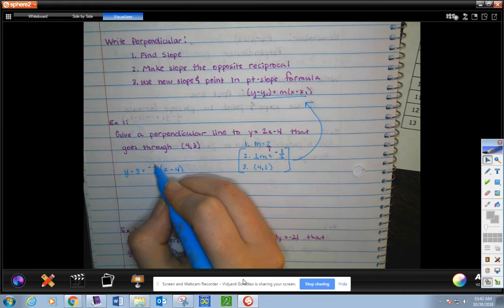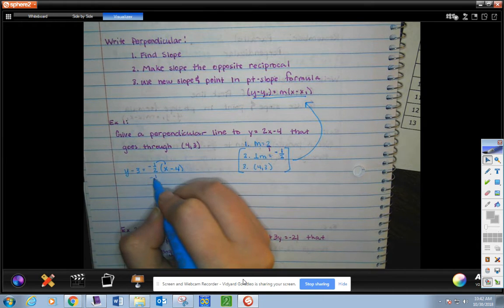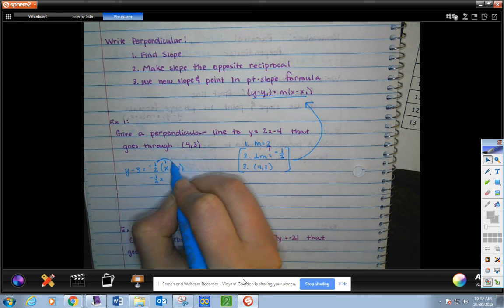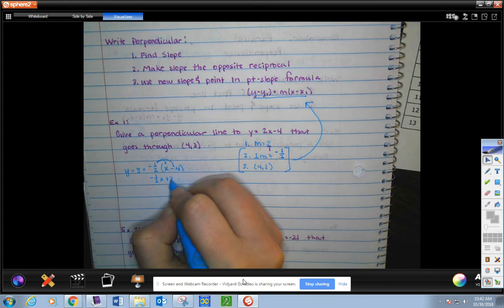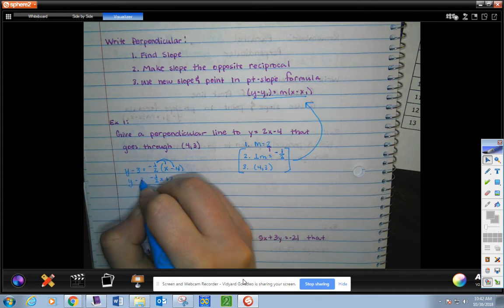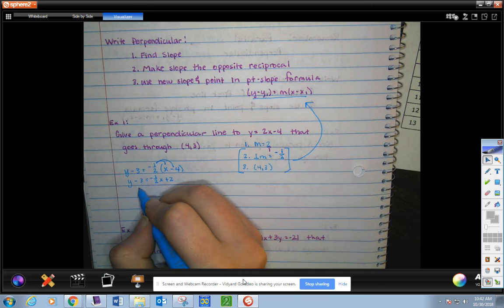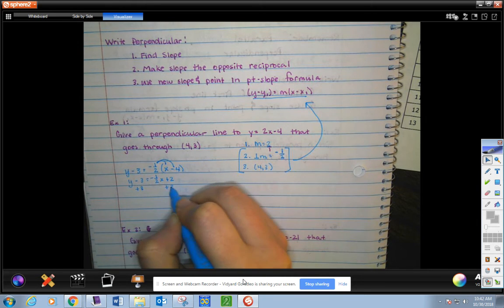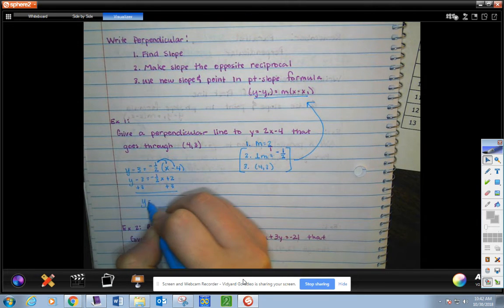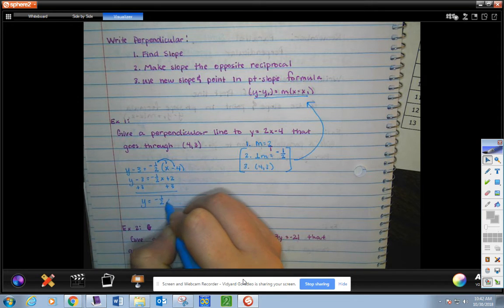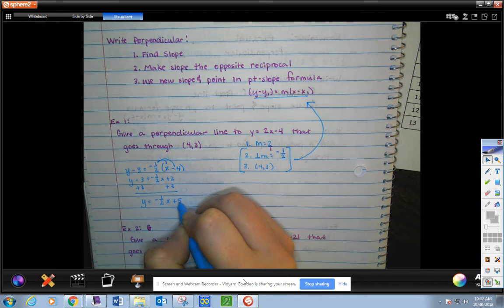There's no double negative, so I just distribute. I get negative 1/2 x, and negative 1/2 times negative 4 is positive 2. I'm going to bring down y minus 3 equals, and to get y by itself, I must add 3. So I get y equals negative 1/2 x plus 5.